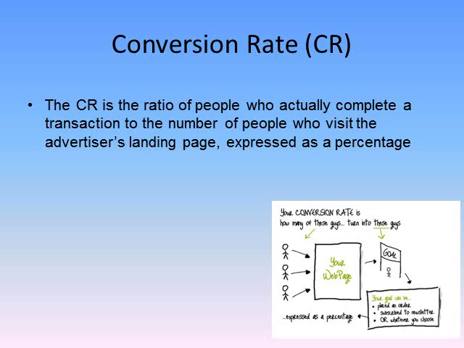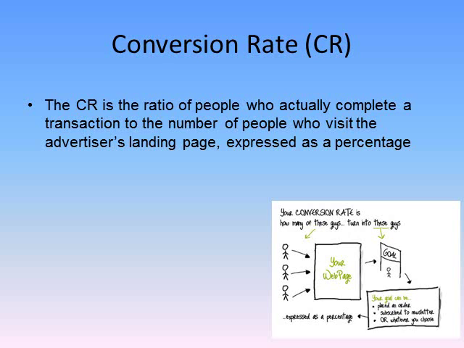Now let's talk about the conversion rate. The conversion rate is the ratio of people who actually complete a transaction to the number of people who visit the advertiser's landing page, expressed as a percentage.